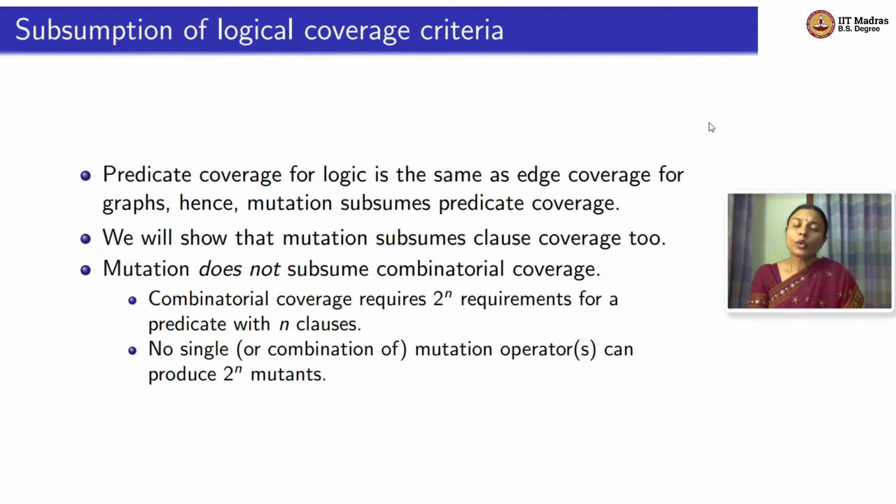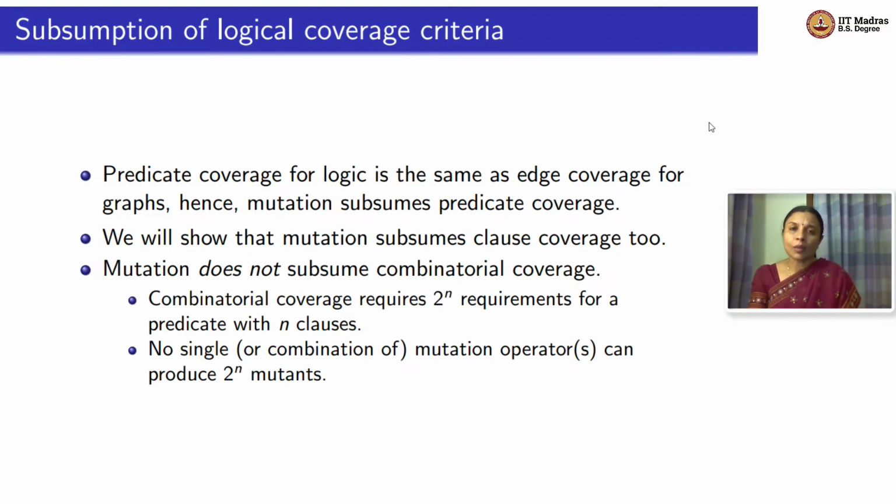In fact, mutation testing can be made to subsume clause coverage also. A predicate can be composed of one or more clauses, if you remember logic coverage criteria. To make mutation testing subsume clause coverage, take each clause and replace the entire clause once with a Boolean constant true and once with a Boolean constant false. This will end up having the same effect as making the clause become true once, testing it, and making the clause become false once and testing it.